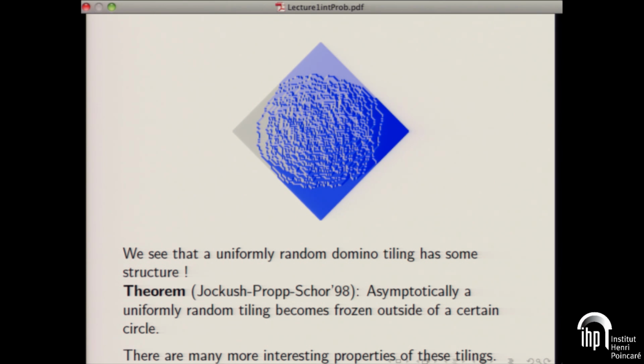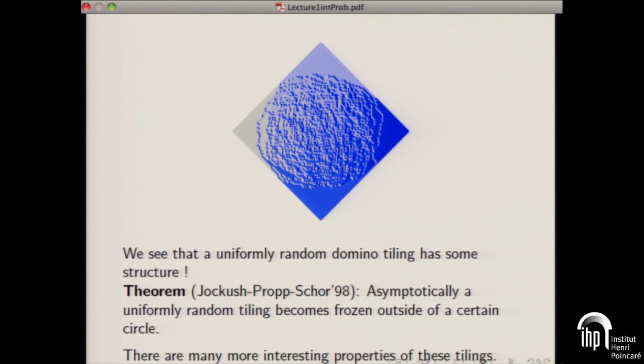If you see this for the first time, for me it was quite impressive that we clearly have some structure. We pick a uniformly random domino tiling, but we definitely see some structure. So there is no probability happening here or here or here or here. It's not some specific domino tiling.